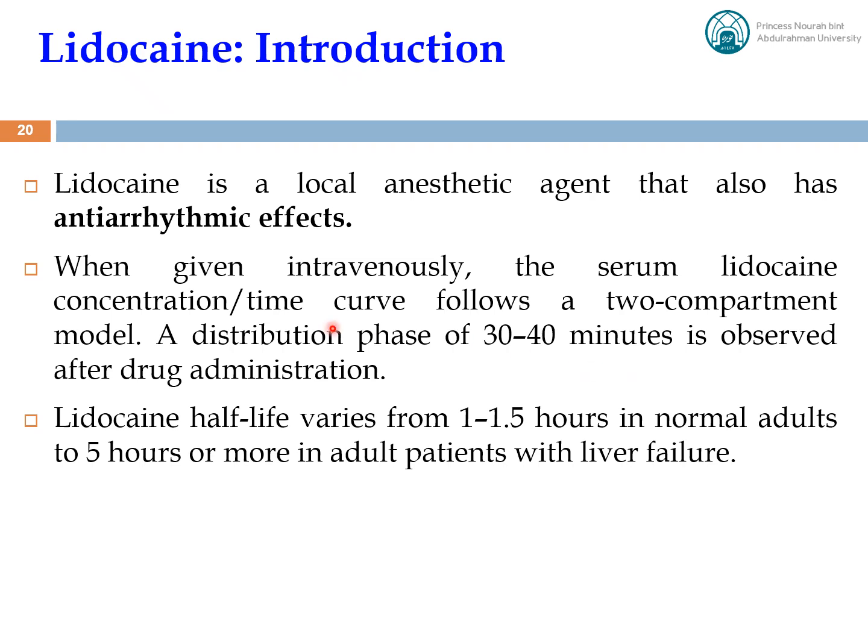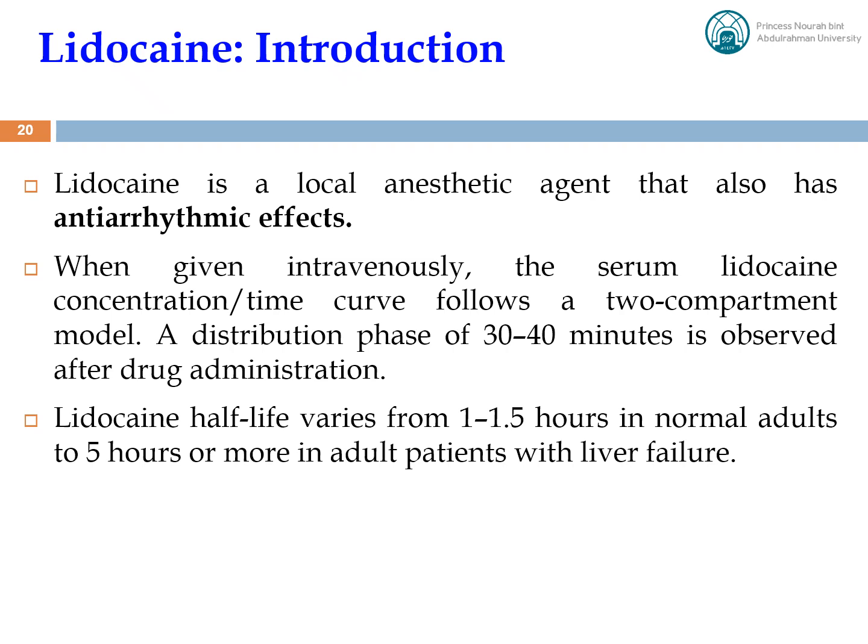Lidocaine half-life of elimination ranges from 1 to 1.5 hours in normal adults, while that for digoxin was around 48 hours or 2 days due to the large volume of distribution for digoxin. For lidocaine, it could be up to 5 hours or more in adult patients with liver failure.